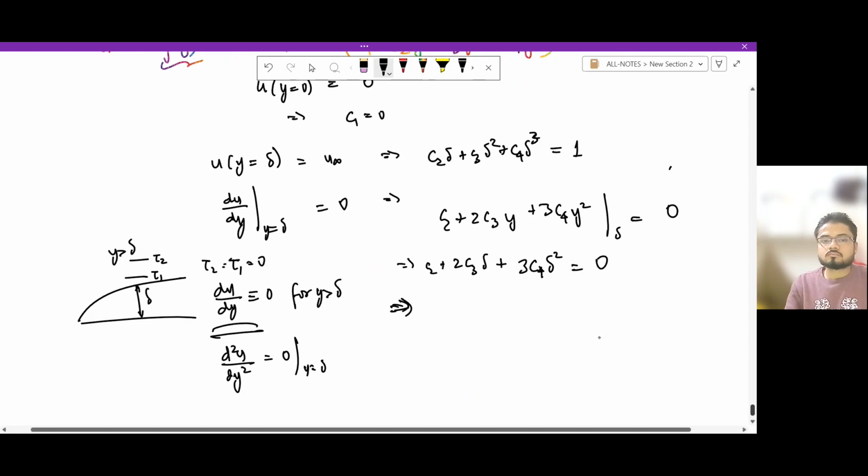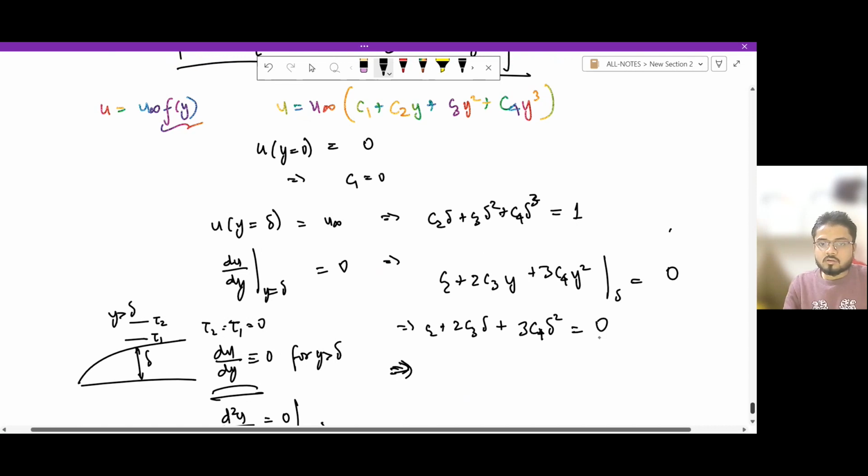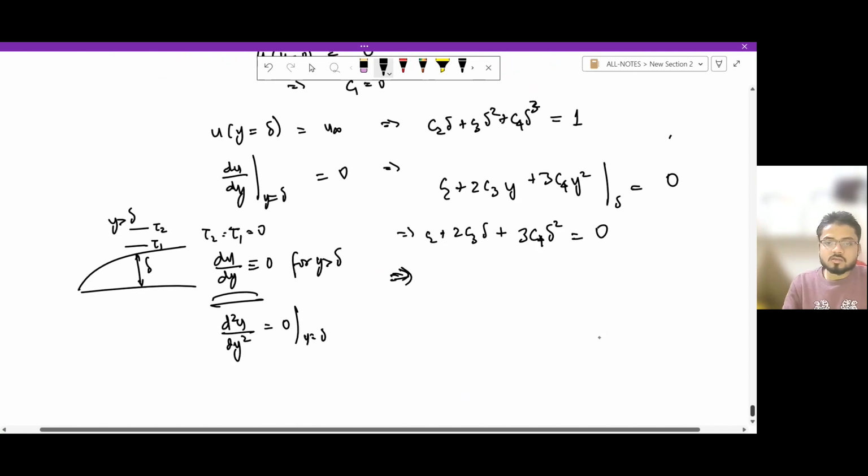So then you would be having d2u over dy squared is also 0 at y equals delta. This would imply 2c3 plus 6c4 delta is 0.